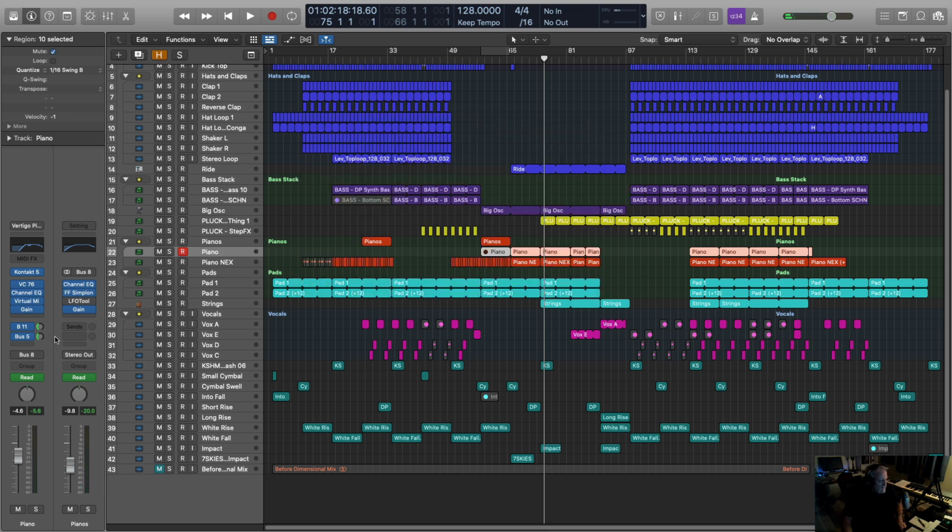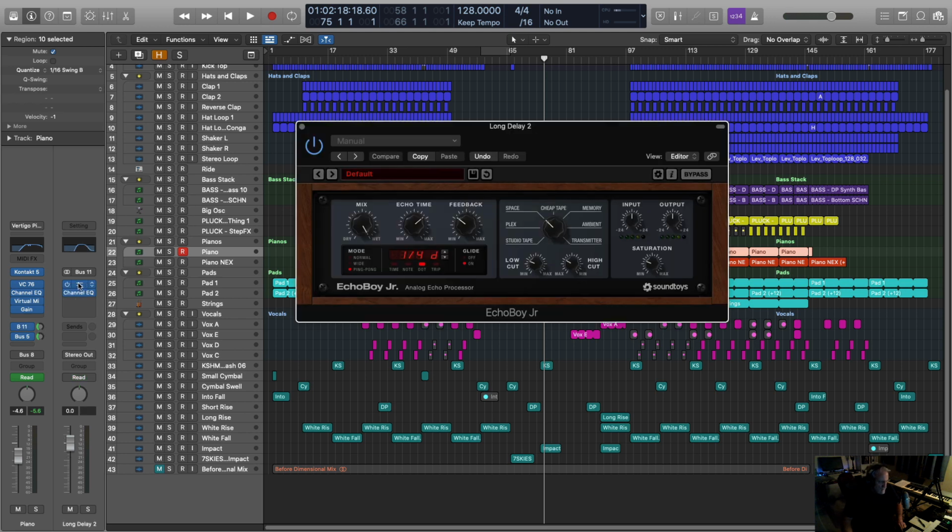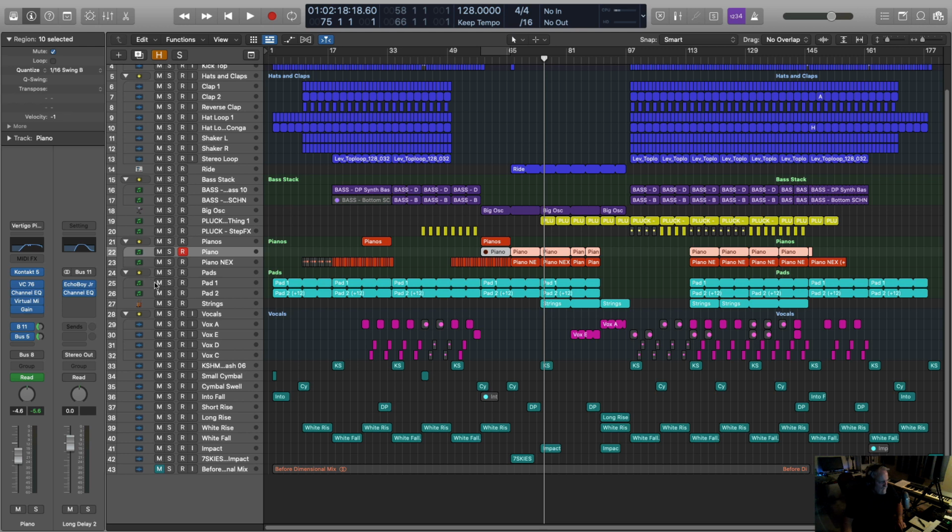And it's sent to this Echo Boy Jr., long delay 2, specifically for the piano. It's a quarter note dotted quarter, ping pong, set to space for some reason. I can't remember why I did that. All right, but maybe just because I like the way it sounded.